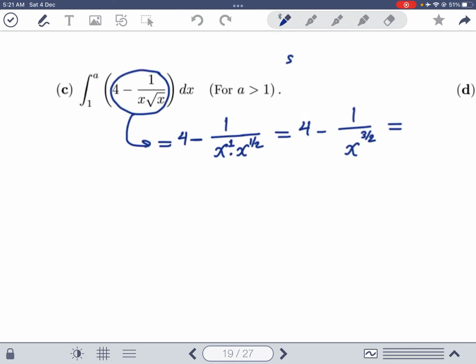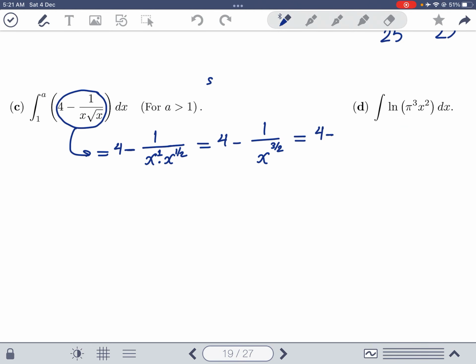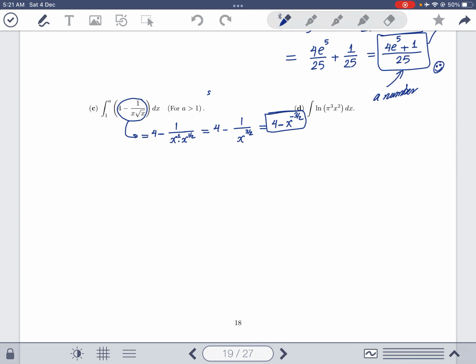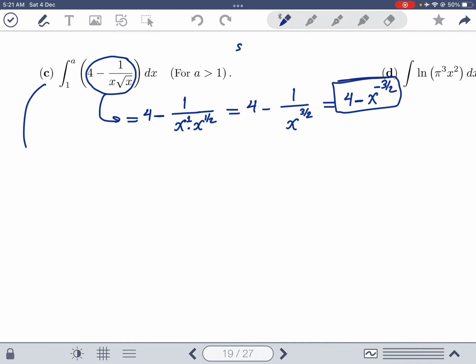And so finally, just put x up, so it's minus x to the negative 3 over 2. This is the same as our integrand, but we wrote it in an easier way to integrate. So you'll say this is equal to the integral from 1 to a of 4 minus x to the negative 3 over 2 dx. This way you can integrate faster.